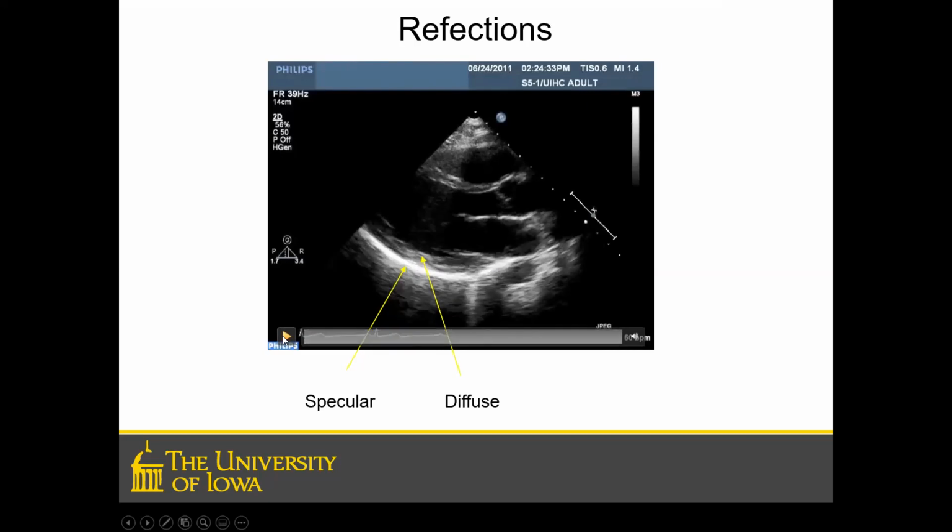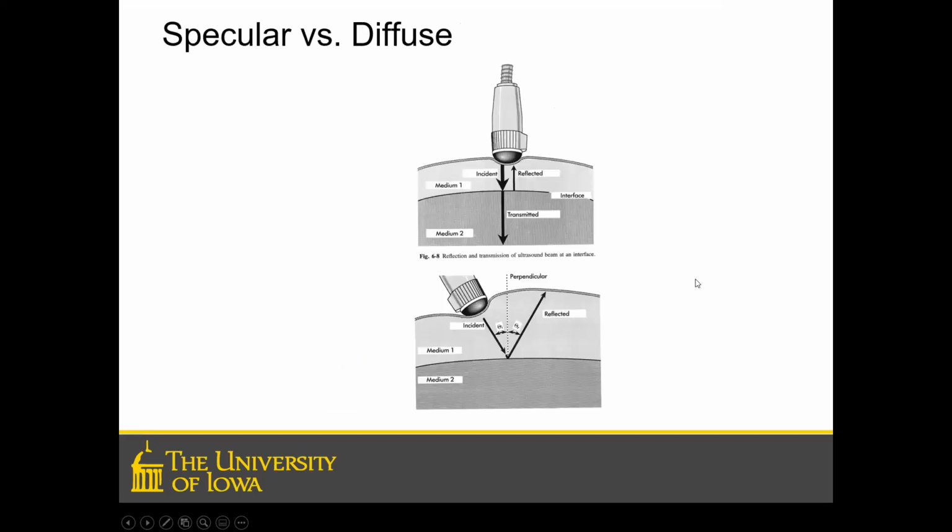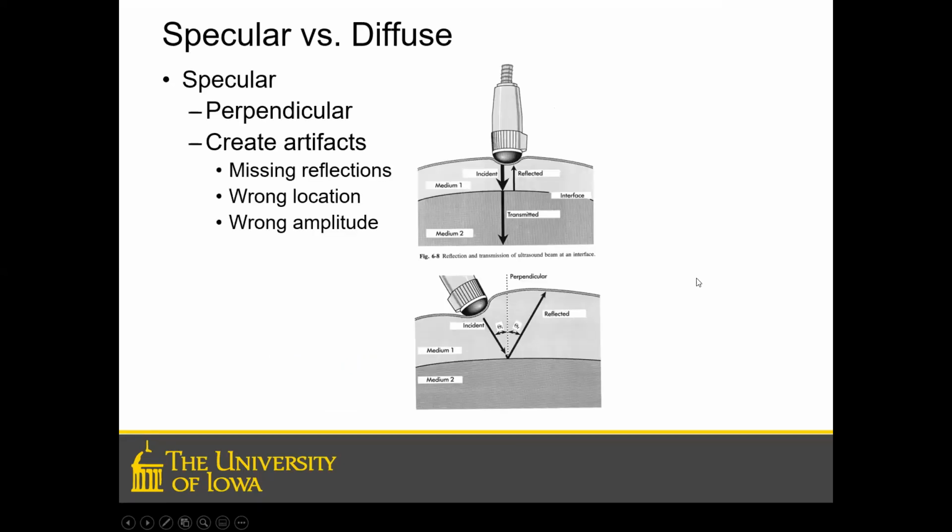If you notice, just up here, the myocardium here is a diffuse reflector. Now the endocardium on either side is more specular. So if we hit a specular reflector at an angle that is not 90 degrees, we have the chance of not seeing it, because the reflection goes off in a different direction and never gets back to the transducer.